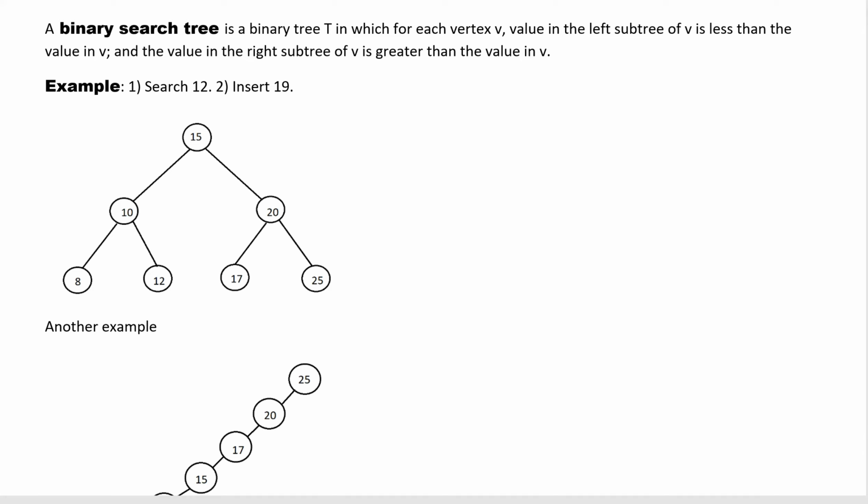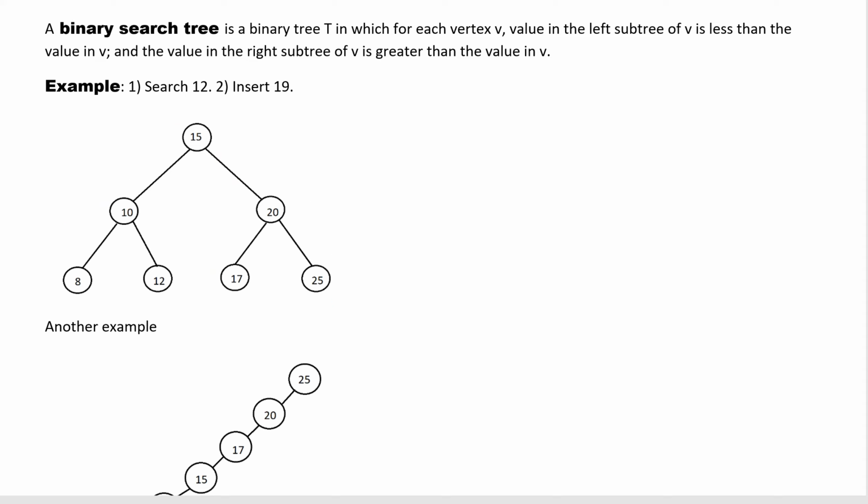Let's look at the following example. So we have a binary tree, and let's look at the 15. You can see the left subtree of 15, all of the values are less than 15. And let's look at the right subtree. All of those values are greater than 15.